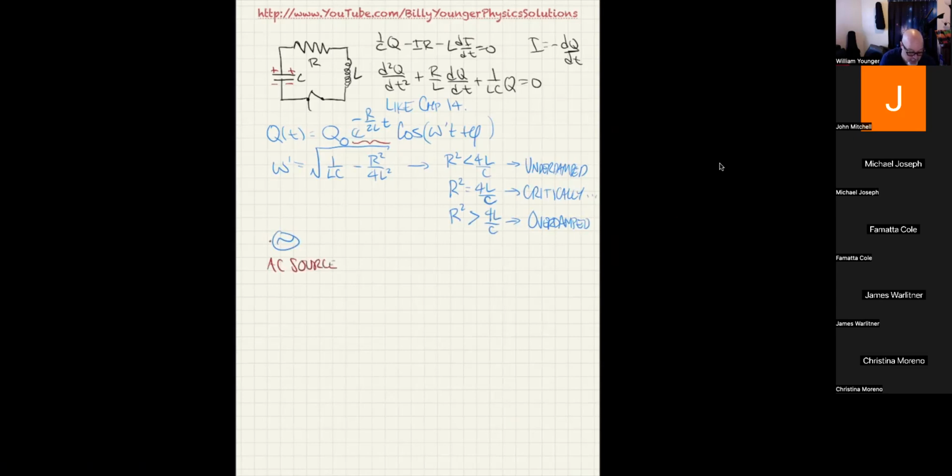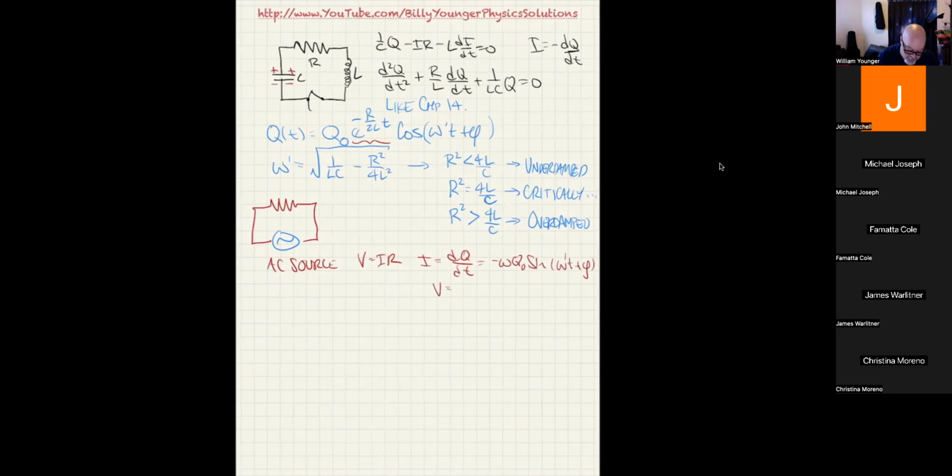And in fact, if we do that with just a resistor, you get V equals IR, and therefore the I equals dq dt is going to be negative omega Q0 sine of omega t plus phi, since you get rid of that exponential.